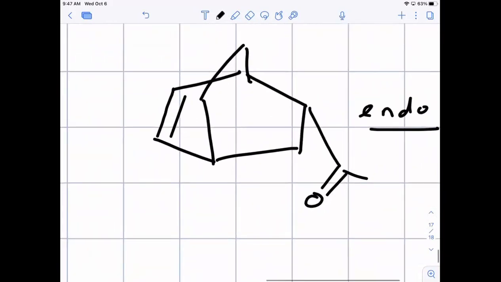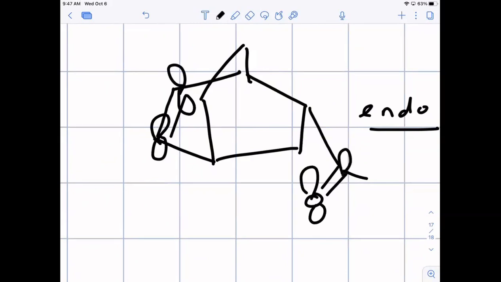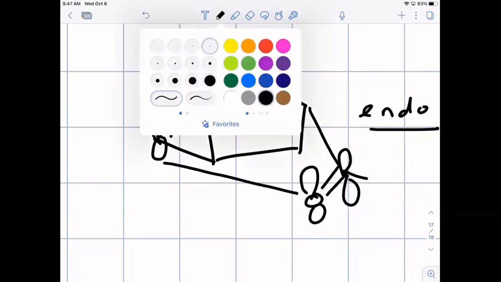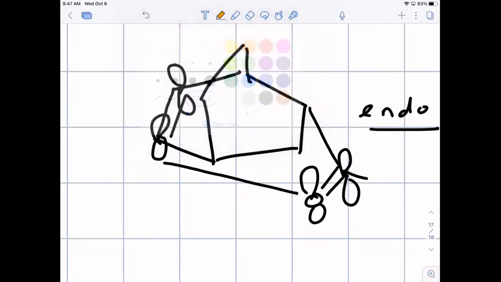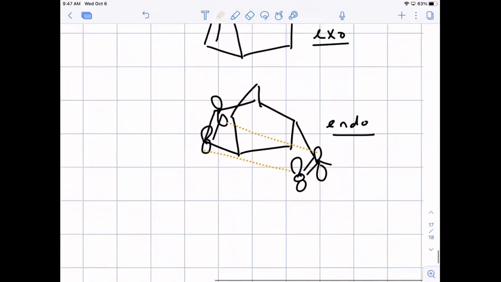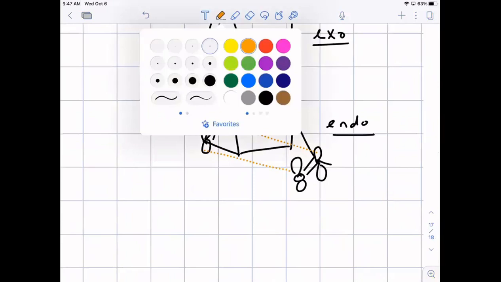And because of that, you can get some extra stability. I talked about this above, and I'm going to talk about it again here. You can get some extra stability from orbital overlap. These p orbitals are actually able to overlap. They can talk to one another. It's what we call a secondary orbital interaction.